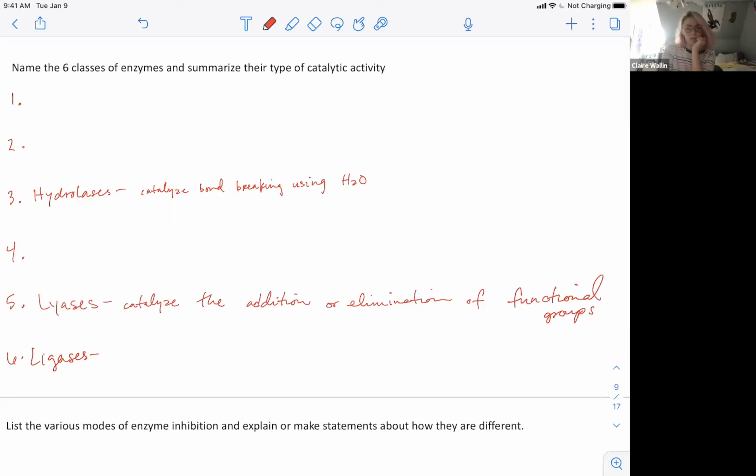So for example, your synthetases, all right? Anything that's bonding 2 substrates. So like the addition of a phosphate group to, well, that would actually probably be more like a kinase, but anytime you're bringing together 2 substrates and you're binding those together. So when we bring together acetyl-CoA and oxaloacetate in the citric acid cycle, that's a ligase.